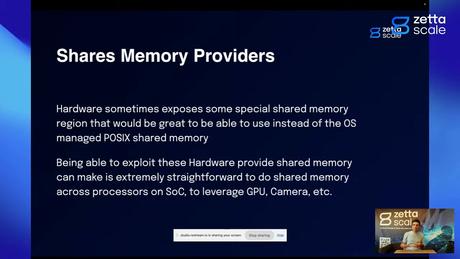Because we are communicating between two processors inside the same system on chip using TCP/IP. Kind of crazy. While actually under the hood, there is a shared memory area that we could use to communicate. And wouldn't it be great if we could expose it to Zenoh to allocate and then communicate efficiently through the shared memory region?